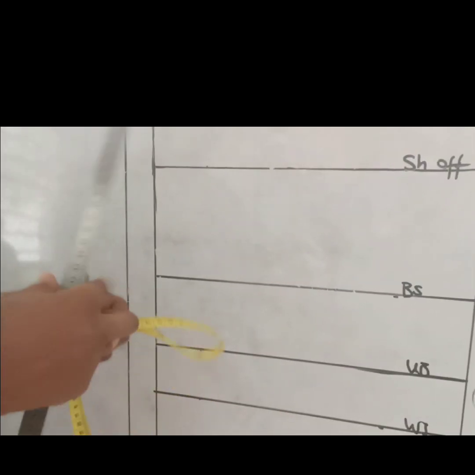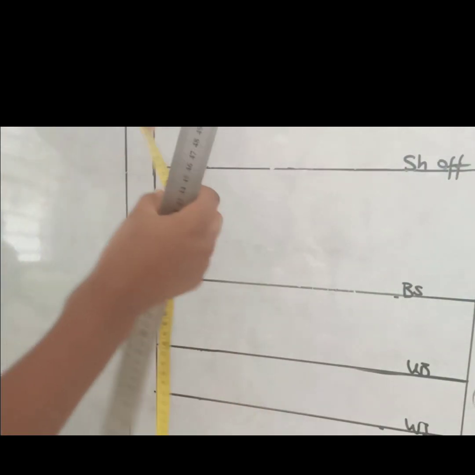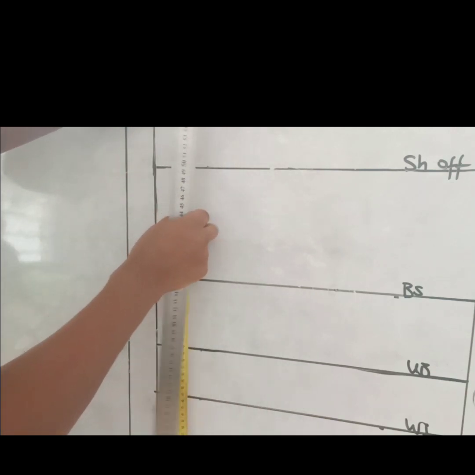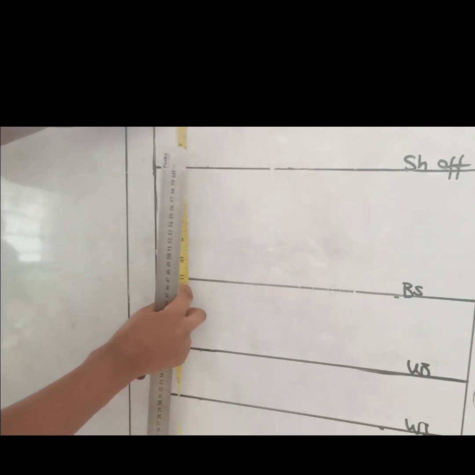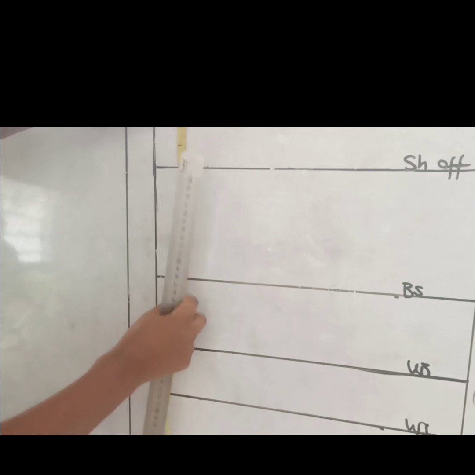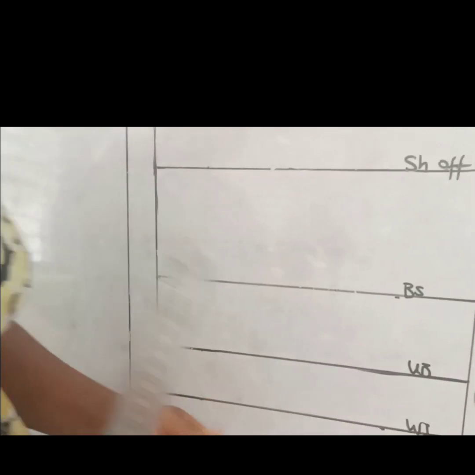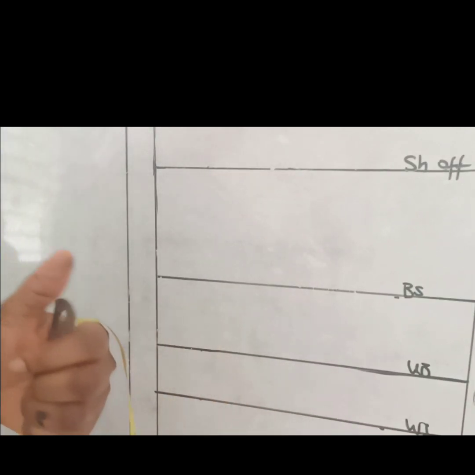Assuming this is the shoulder from the regular bodice, we have marked out the shoulder to bust line, shoulder to underbust, then shoulder to waist, and shoulder to hip. From the waist to the hip, you have taken 8 inches.